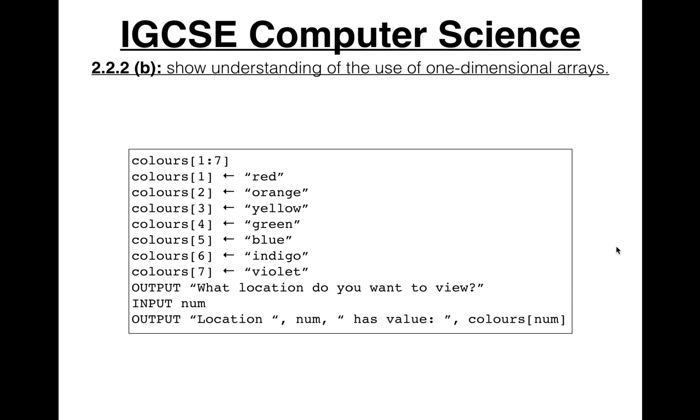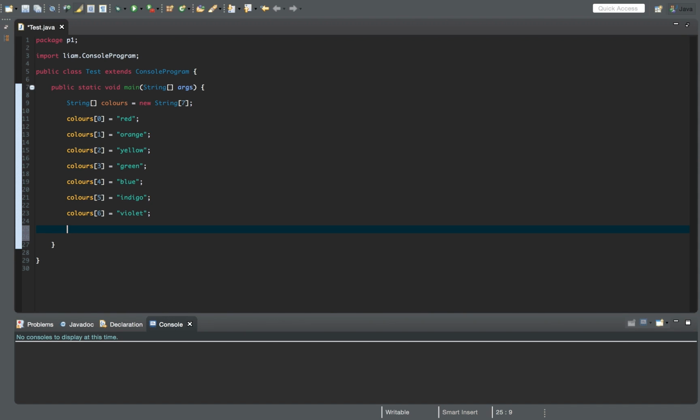Let's take a look at that. Alright, so this is where we got up to in the last video. So what we're going to do is input a number, and we're just going to use the pseudocode that we had just a second ago.